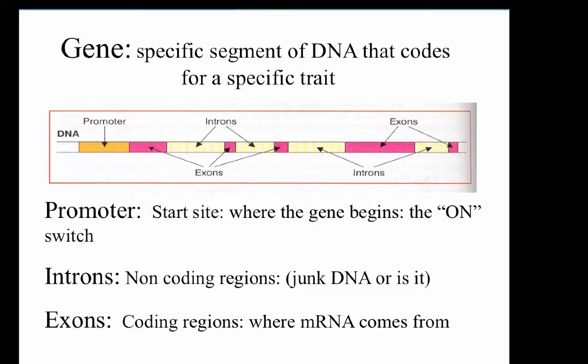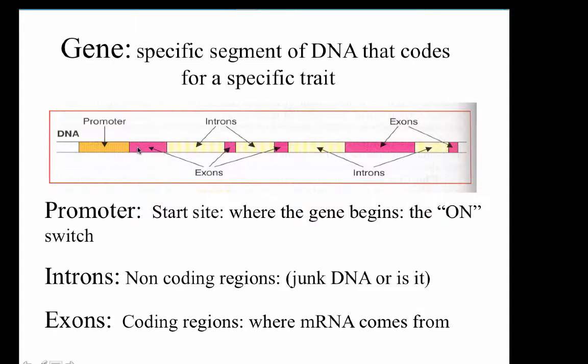All right, so a gene is a specific segment of DNA that codes for a very specific trait. And within a gene, it contains a promoter region. This promoter region is a start site where the gene is going to be turned on. So we're going to get really familiar with promoter regions when we get to chapter 13, which is transcription.